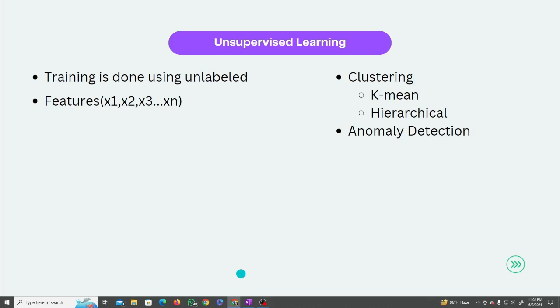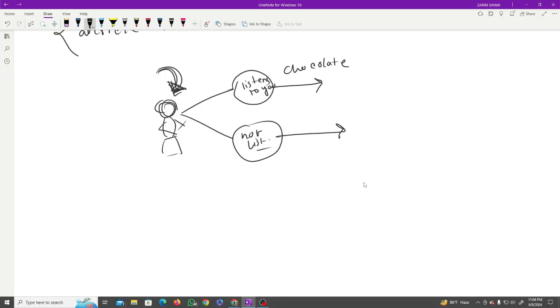So what is actually happening here is that this kid is being trained by getting some responses from the environment. And who is giving the reward or punishment? The agent is giving the reward or punishment.